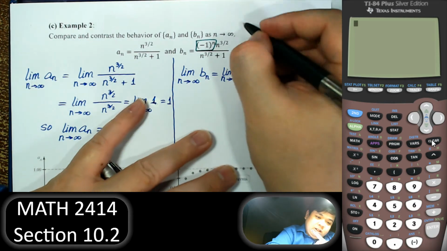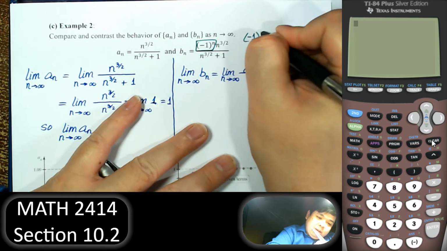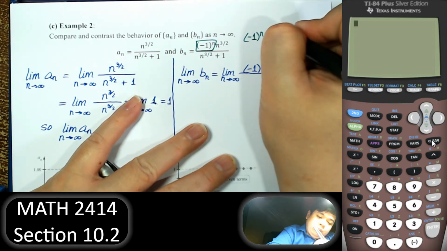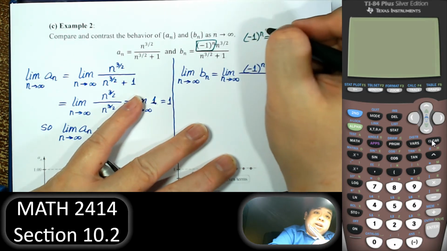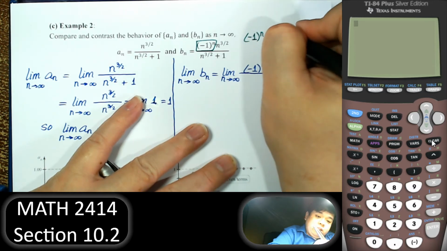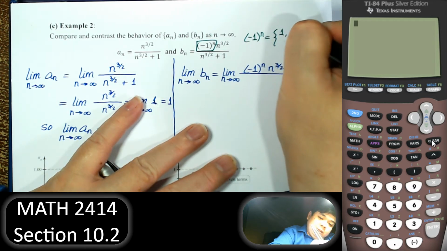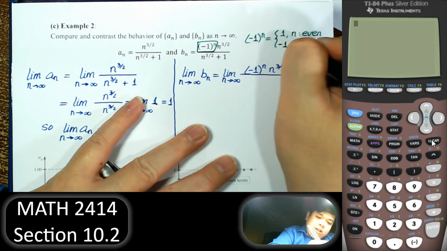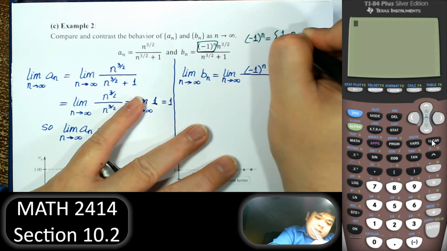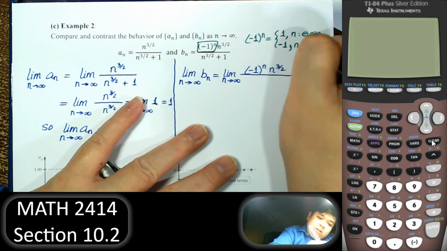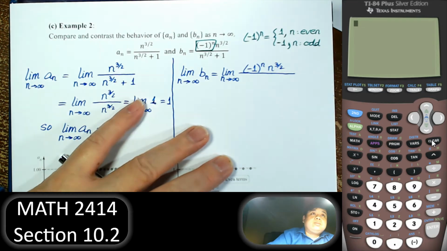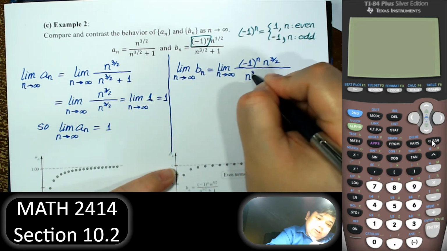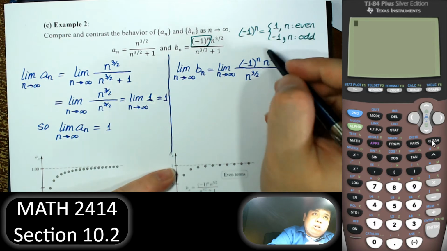So negative 1 to the n power will be equal to positive 1 when n is even, and it is equal to negative 1 when n is odd. So after all, just 1 or negative 1.